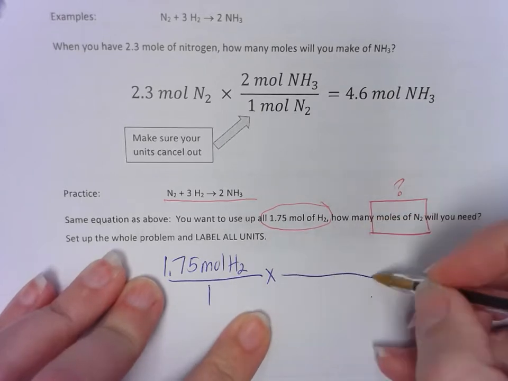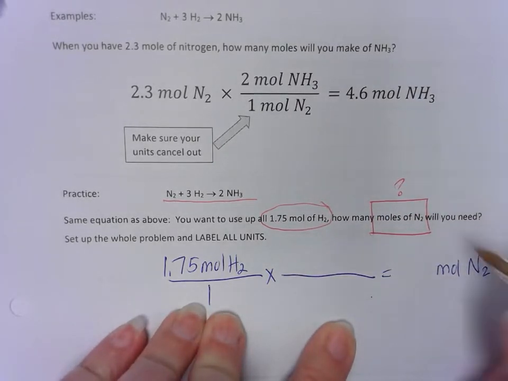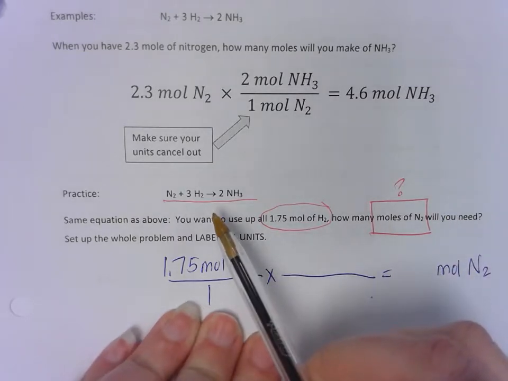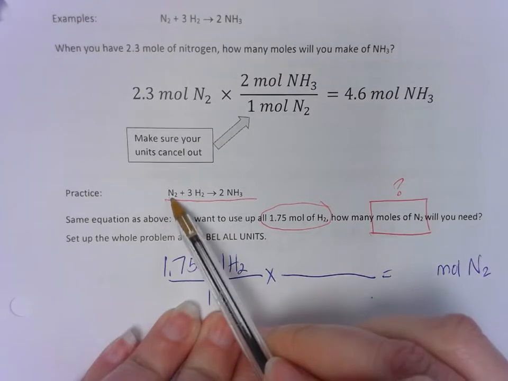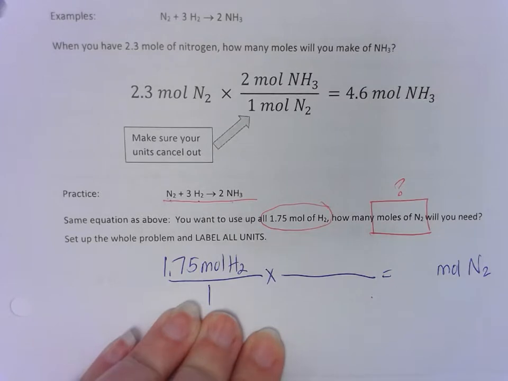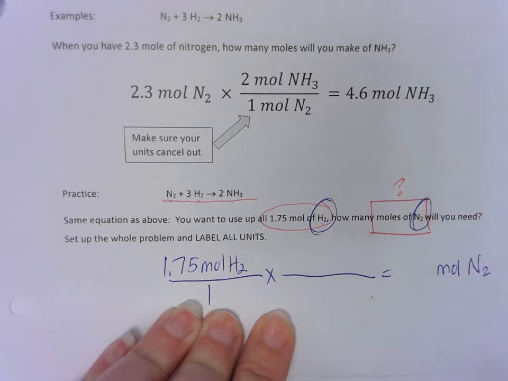Now we are going to convert this into some number of moles of N2 because this is what it asked me to find. I have information in my balanced chemical equation. I have information that relates N2 to H2, N2 to NH3, and then H2 to NH3, but I don't need all of it. I only really need one piece. I need the piece that goes from H2 to N2.